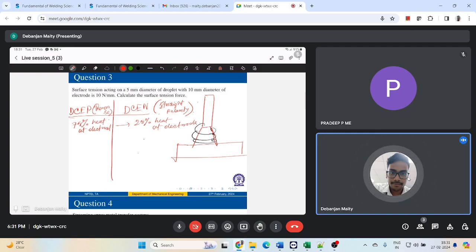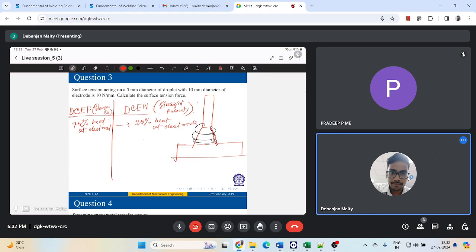By simply setting up a high speed camera and checking how the transfer is going on, in terms of the droplet diameter, the rate of the transfer, and the bead width. You can do some image processing analysis to analyze the metal transfer characteristics.